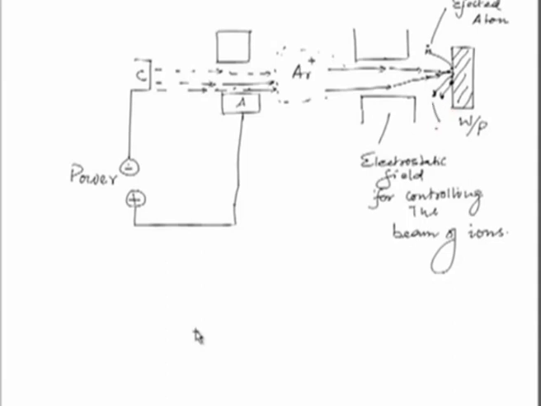So, these are nothing but ejected atoms, and this will ultimately cause the machining of the workpiece material, where the beam exactly hits the workpiece material. So, this will look like this. This is also called etching.